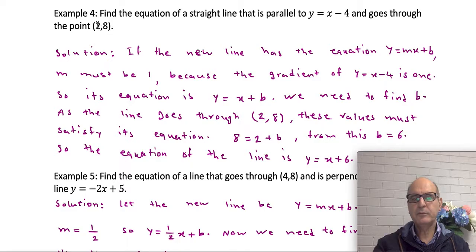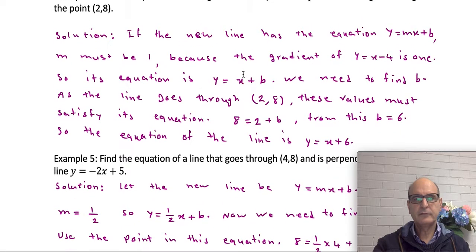We use this point that this line needs to go through. This point must satisfy this equation. In other words, if you substitute 8 for y and 2 for x, b should be such that it makes this equation correct.